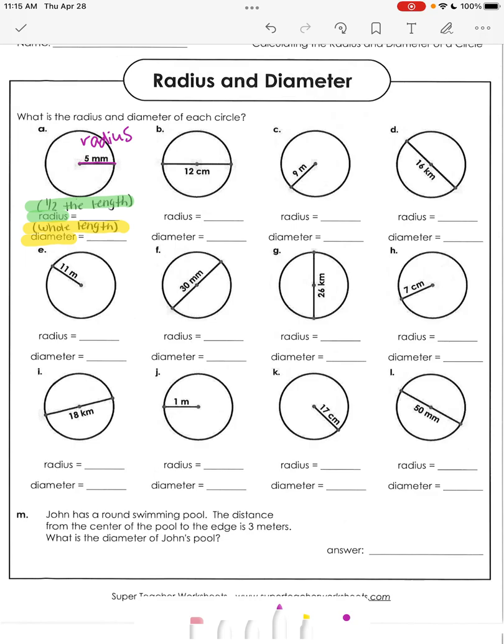All I want us to do is just recognize your radius or your diameter. So your radius is 5 mm, which stands for millimeters. If we look at B, this line is going all the way across, so that is your whole length, so that is your diameter.